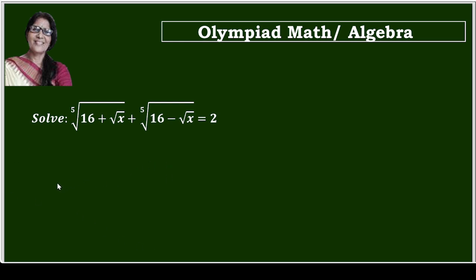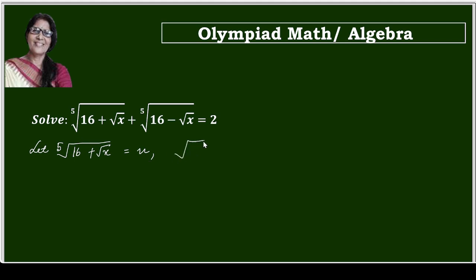So what we'll do? Let the first term be some variable u and the second be some variable v. So let u equal fifth root of 16 plus square root of x, and v equal fifth root of 16 minus square root of x.